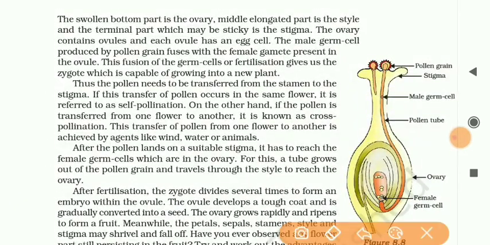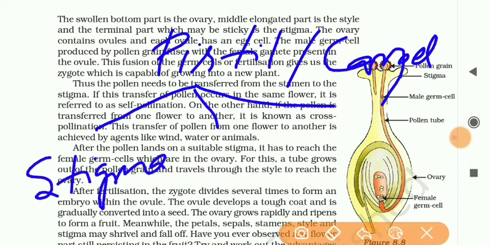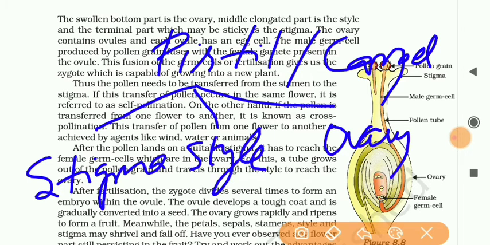If we discuss the pistil, its another name is carpel. It also has three parts: stigma, style and ovary. While the stamen also has two parts, one is anther and second is filament.